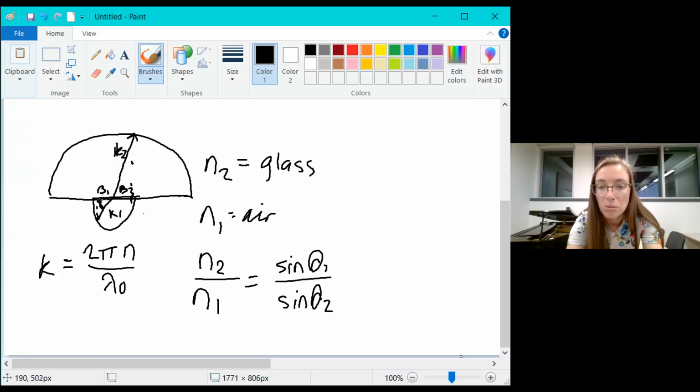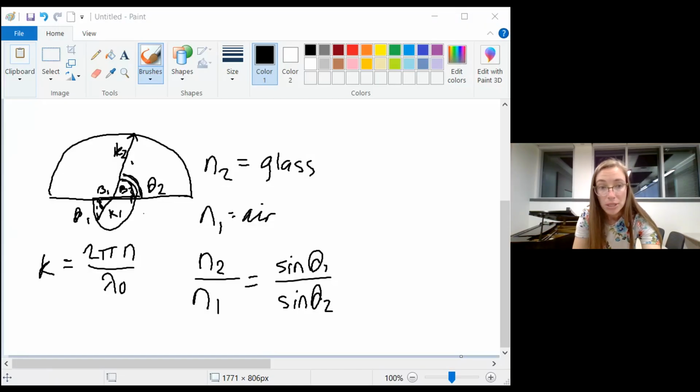Now theta is just going to be here, theta 1, theta 2. So this visualization shows that the direction of the transmitted wave bends, that's the refraction, because its wave vector magnitude changes while the parallel component stays consistent.